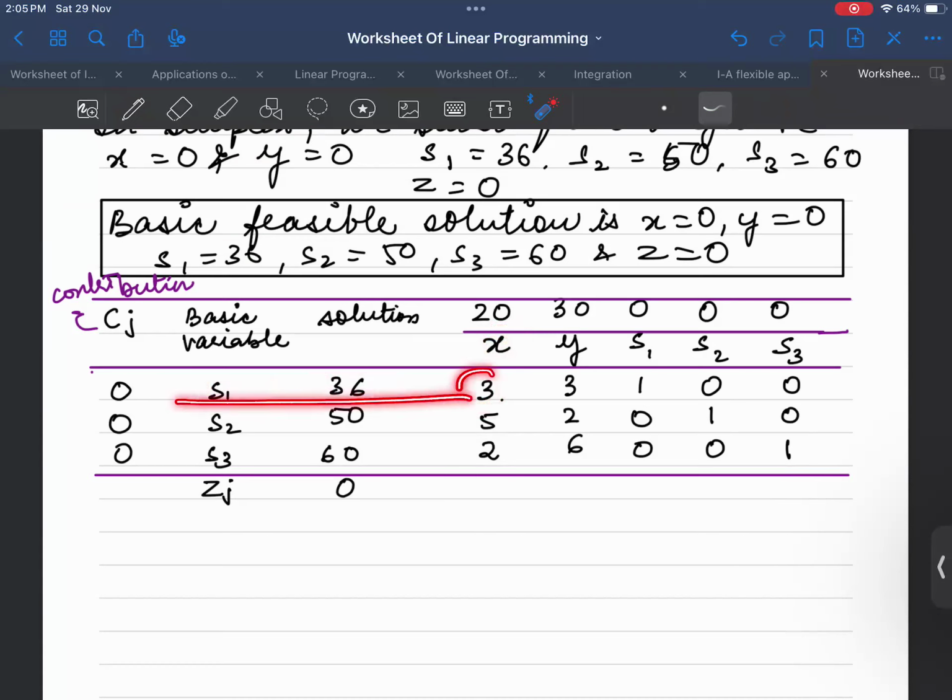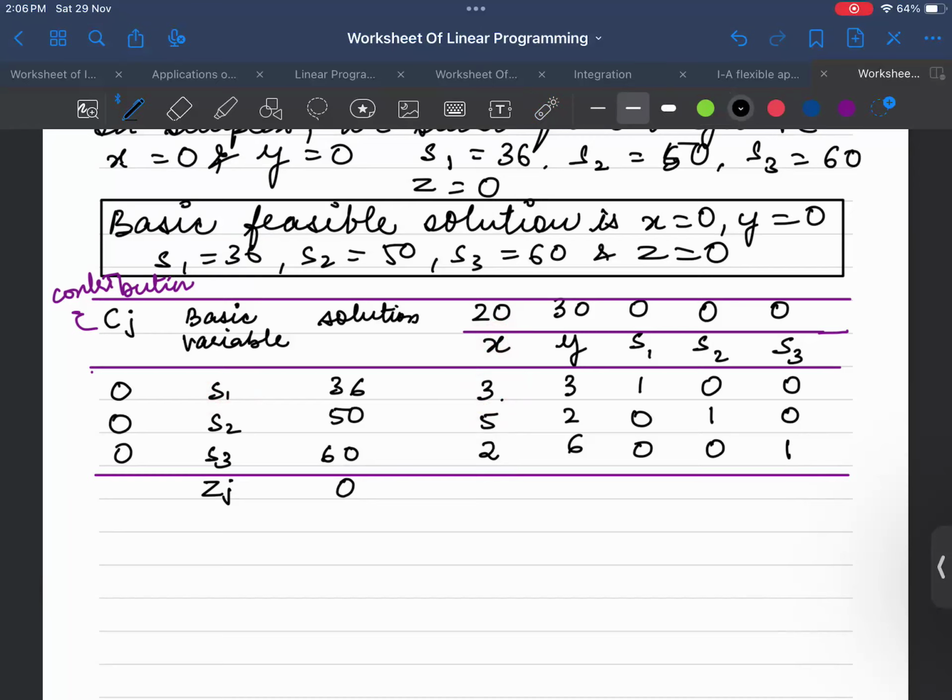Right now, 3 is the coefficient of S1. So if we want to introduce X in place of S1, at that time we have to sacrifice 3 units of S1. I think it's clear.